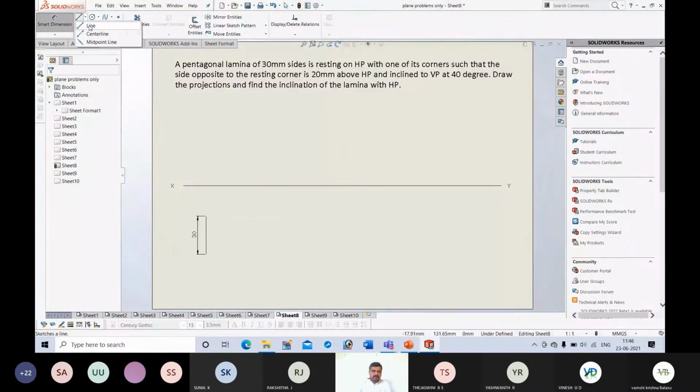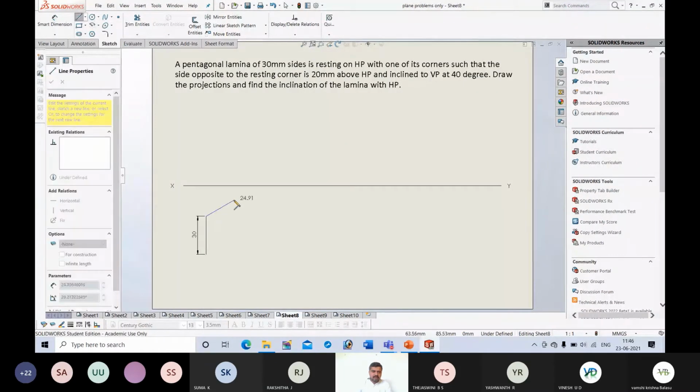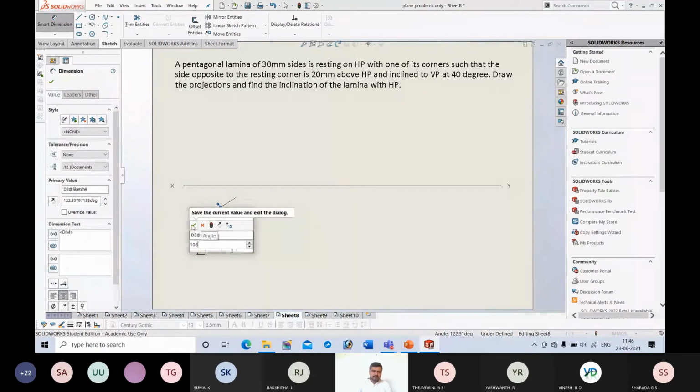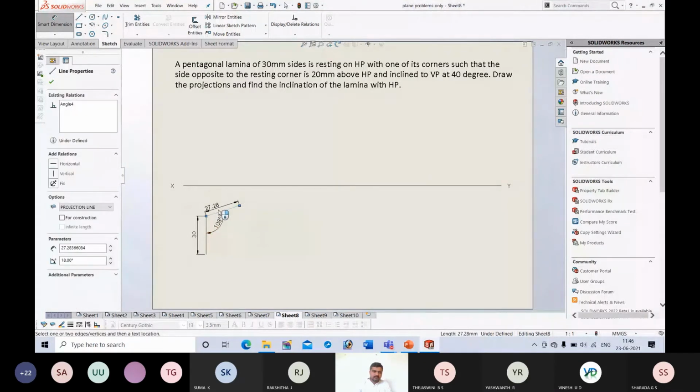Next, using the protractor, draw two sides. The interior angle should be 108. Next, the length should be the same, 30.